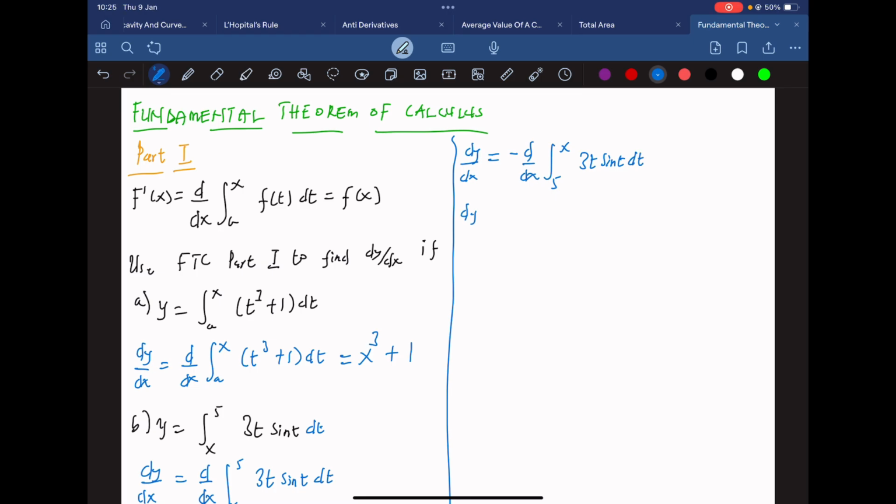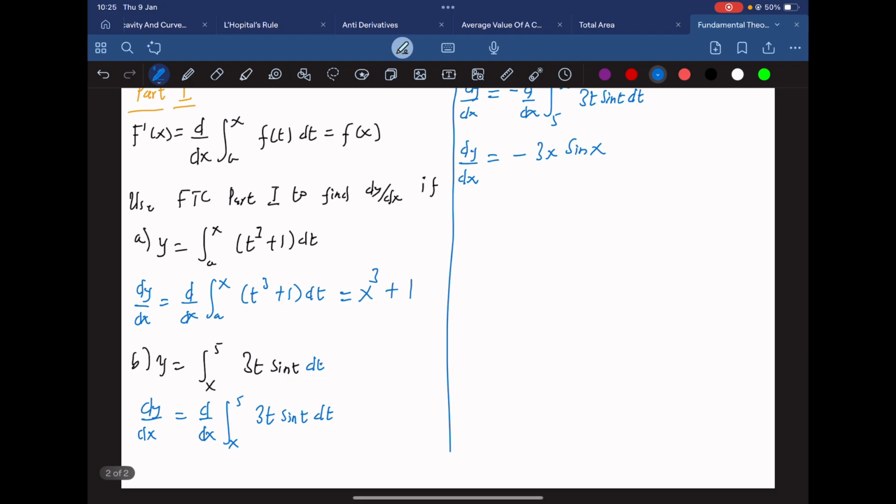Since this is a constant and this is a variable, we can just go ahead and do our substitution. Wherever we see t, we put in x, so we have negative 3x sine of x, and that is your answer. I hope this is clear enough.